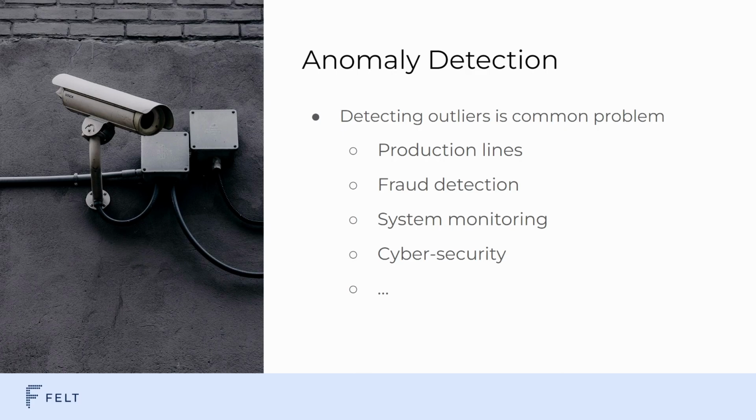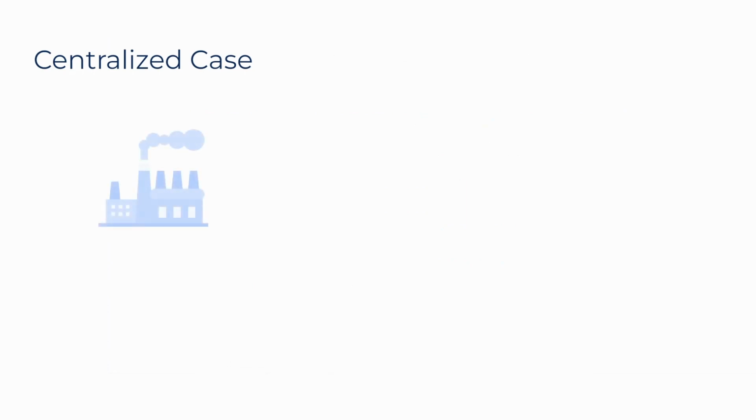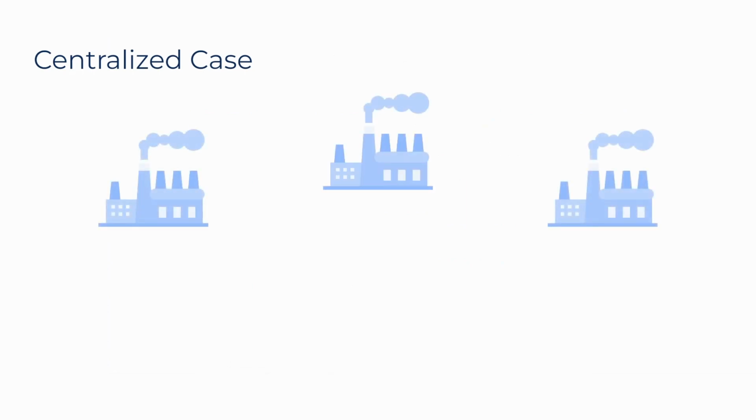To further imagine this problem, let's say that we have 3 different companies, and each of them is producing some product, let's say cars, mobile phones, or any other electronics. They want to detect if their products are faulty.